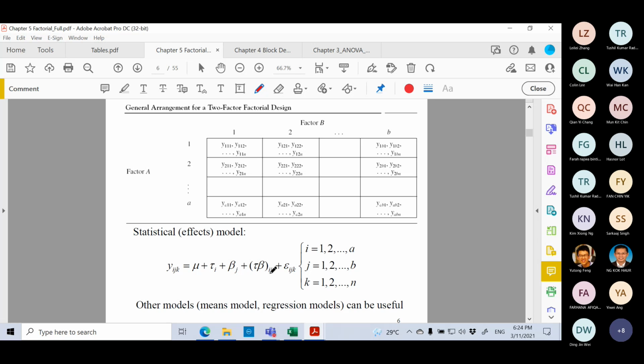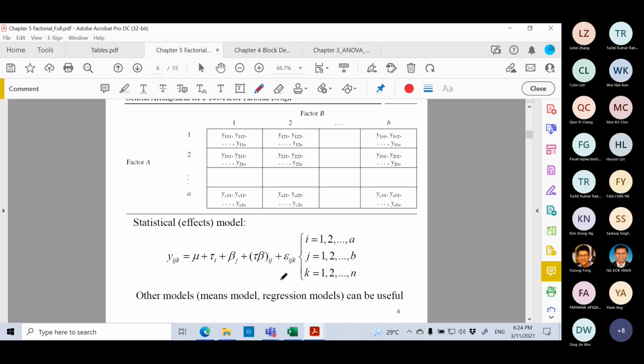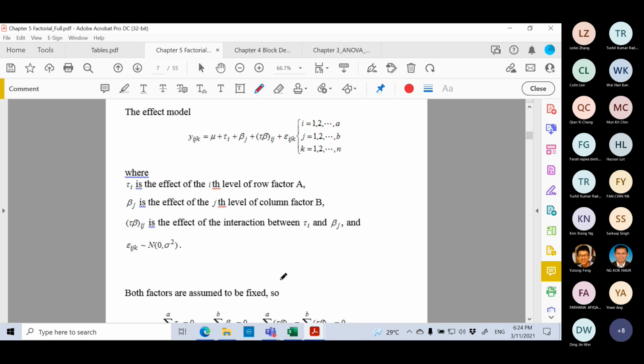Now we have an interaction effect here. So this is a linear regression model. In fact, it's a regression model. The explanation you can get from here is that tau i is the effect of the i levels of the row factor A. This one is for the j level of the column factor B, and this one is the interaction effect of tau i and beta j.